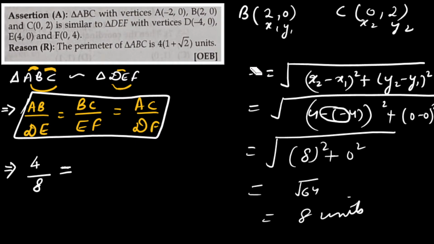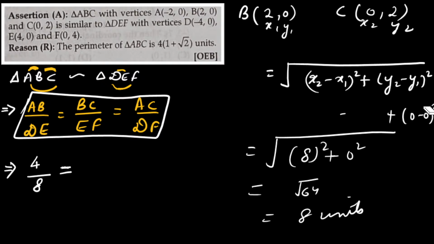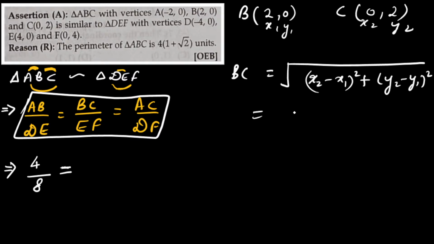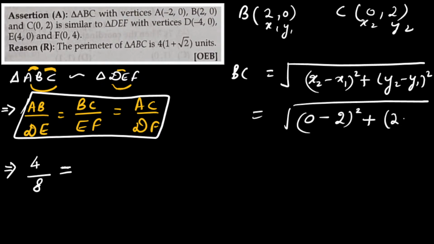Now I'm going to substitute the values in the formula. x2 is 0, x1 is 2, so (0 minus 2) whole square plus y2 is 2 minus y1 which is 0, whole square. 0 minus 2 is -2.